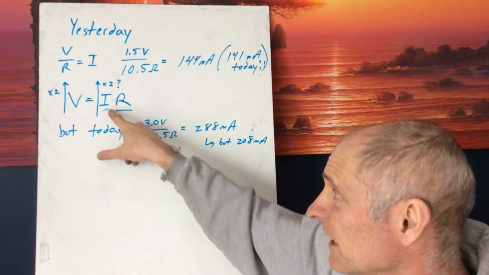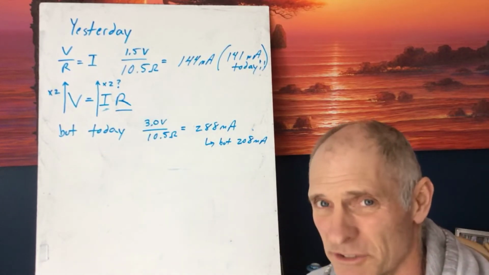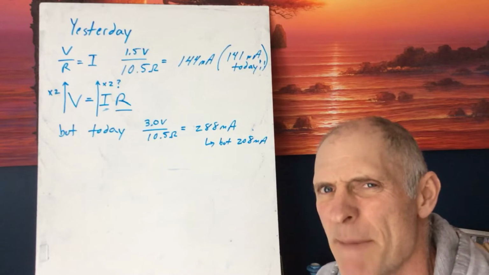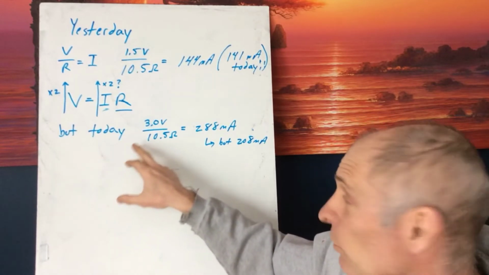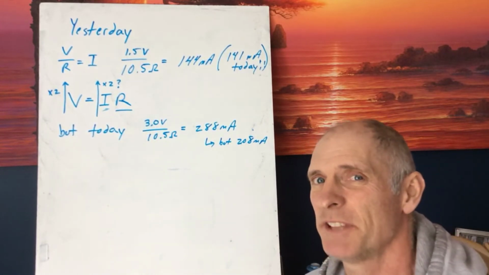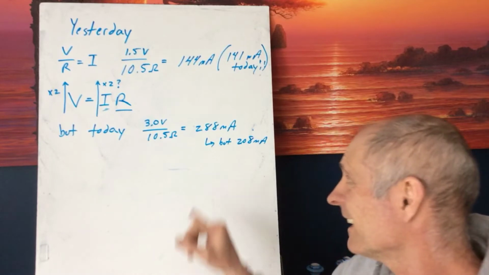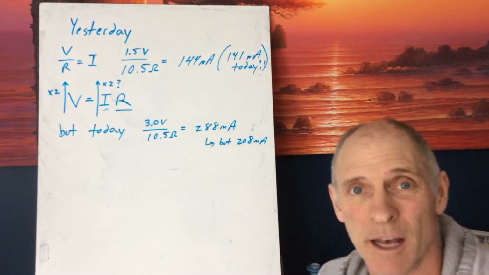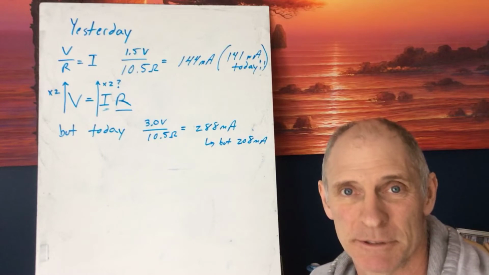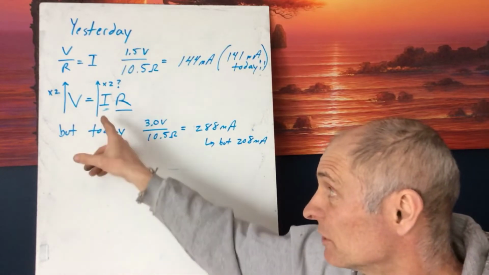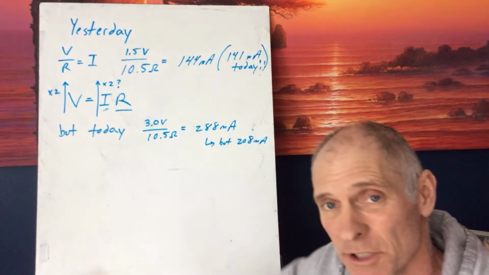The resistance isn't changing because I'm still using the same round bulb. Today, we had 3 volts divided by the same 10.5 ohms, and I should get about 288 milliamps. That should make sense, because if we double the voltage, we double the current.